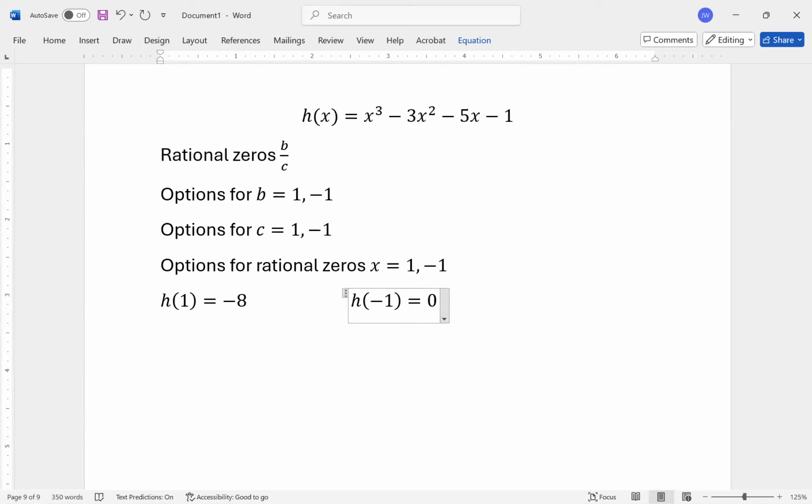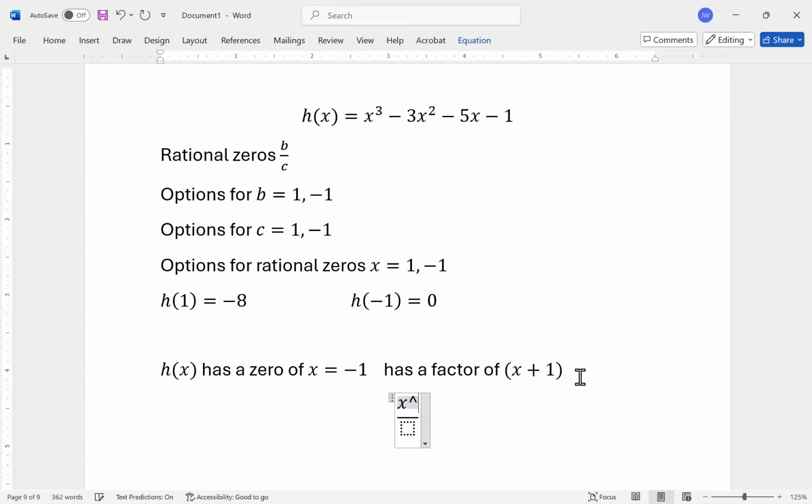That means this cubic can also be divided by x plus 1. So in other words, h of x has a zero at x equals -1, also has a factor of x plus 1. So I can go ahead and divide that h of x by x plus 1 as well.